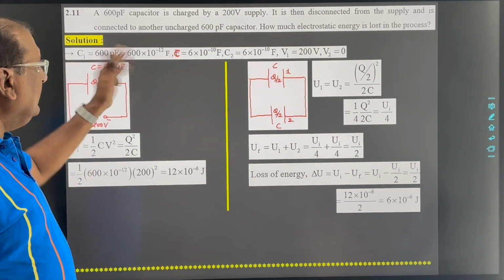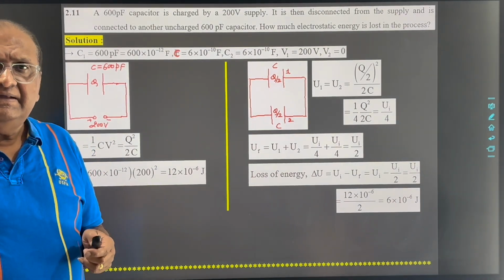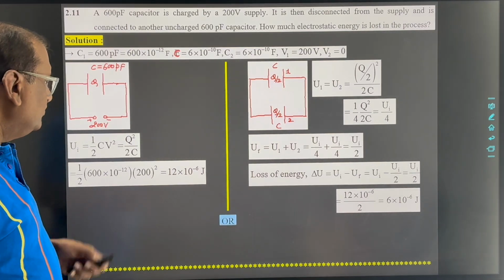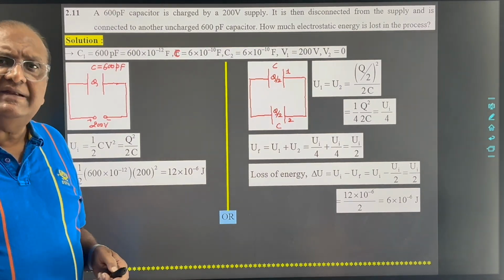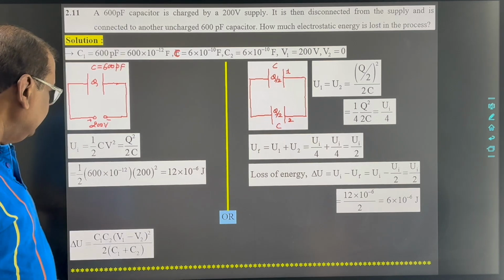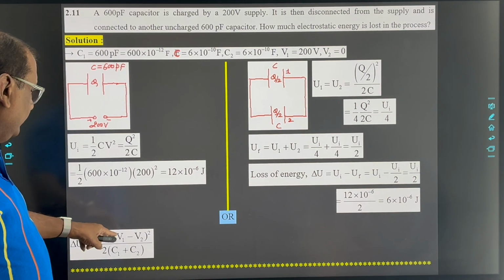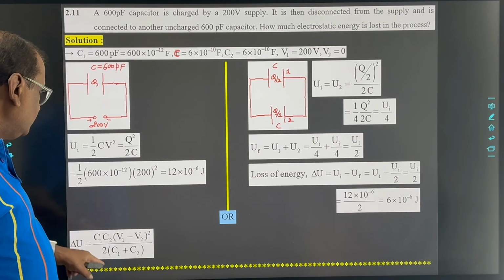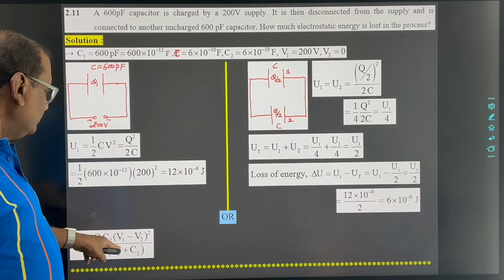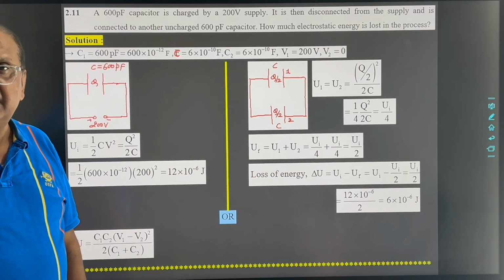Now in this type of cases, there is one equation, using that you can directly calculate the loss of energy, and that is delta U equal to C1 C2 into (V1 minus V2) whole square upon 2 into (C1 plus C2). Clear?